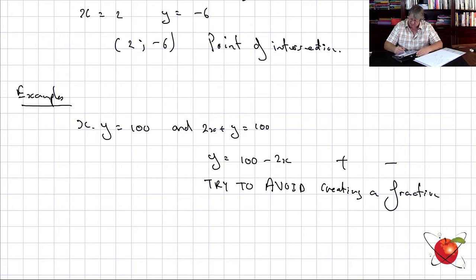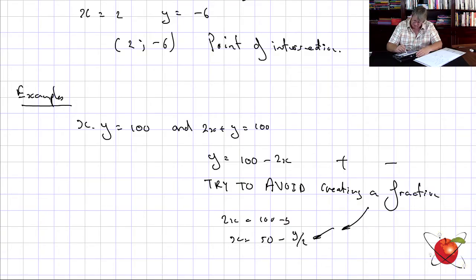I could have said 2x is equal to 100 minus y, therefore x is equal to 50 minus y over 2. There's the fraction that we want to avoid. Why? Because it's just easier. Why would we want to have fractions? Nobody likes them, so let's leave them out.